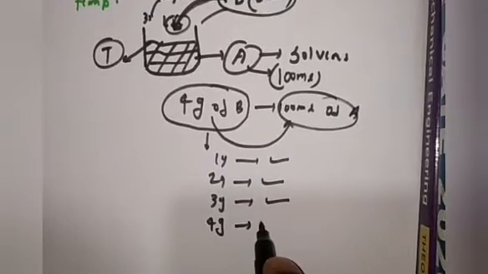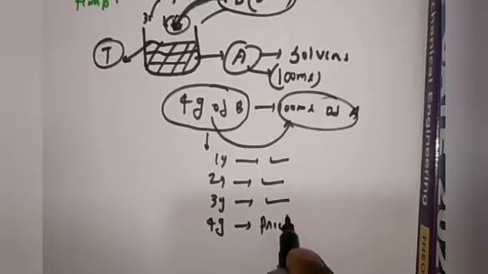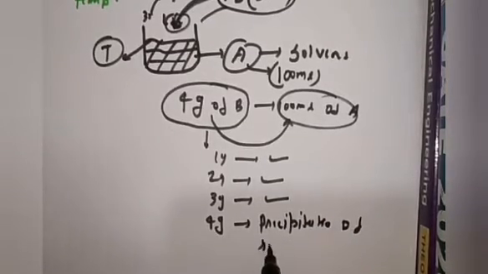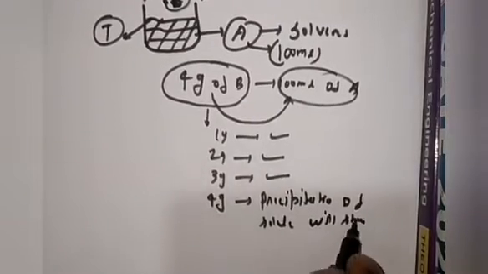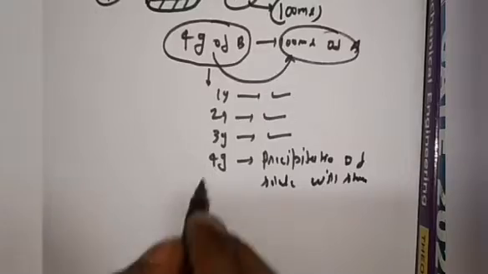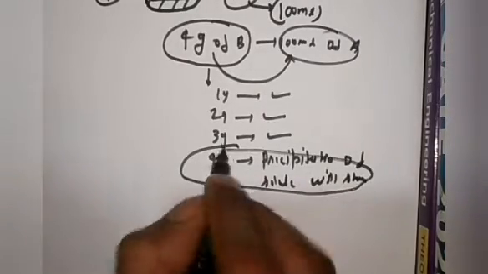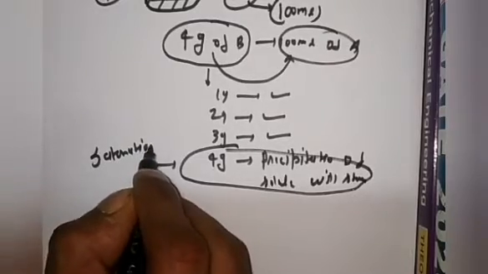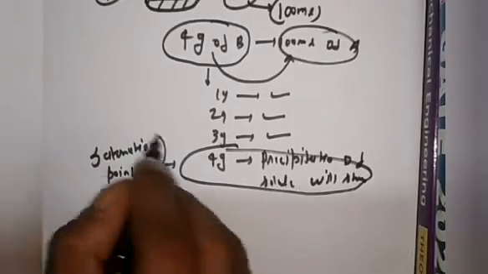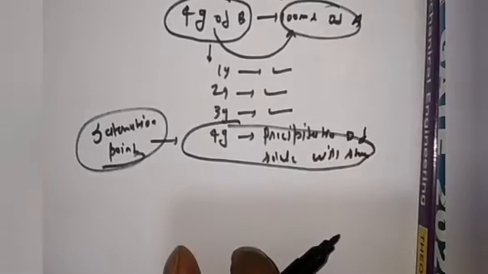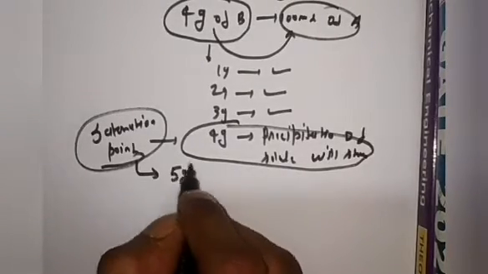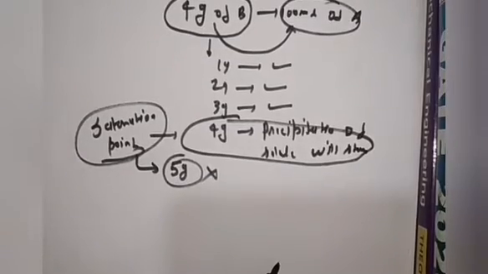The situation will come where the precipitation of solute will start. When the precipitation of the solute starts, that point is called the saturation point. What is the meaning of the saturation point? It says that if you now add 5 gram of solute, the solute is not going to dissolve thoroughly.